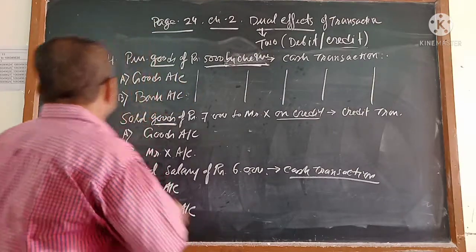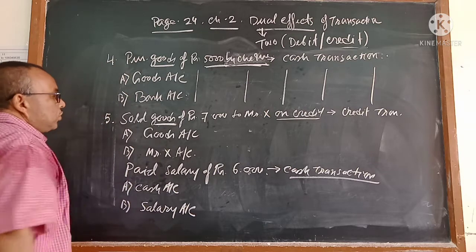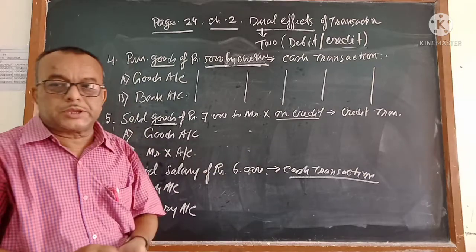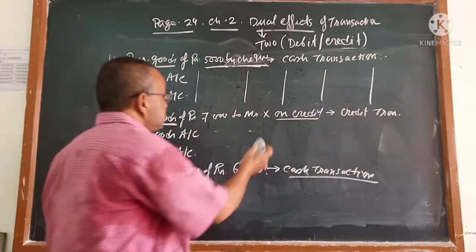Second, this is number 5. Sold goods of rupees 7,000 to Mr. X on credit. Now, suppose it is not on credit.